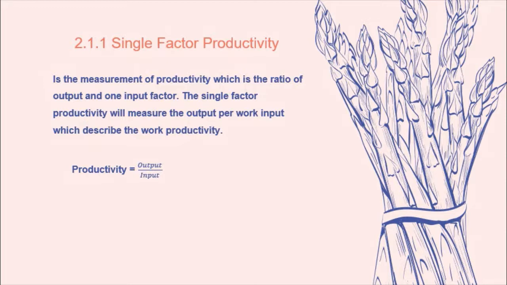So this single factor productivity will measure the output per work input, which describes the work productivity. This is the formula for single factor productivity, equal to output over input.